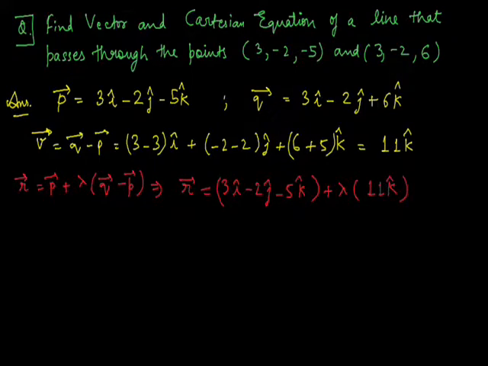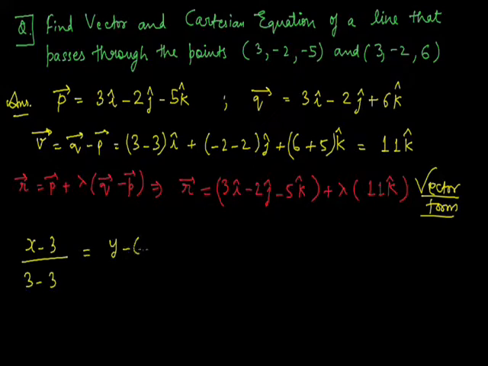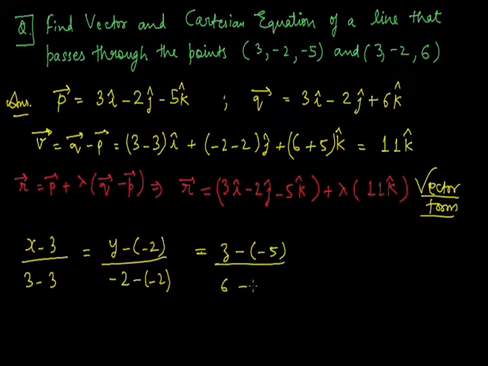This was the vector form. To write down the Cartesian form, let's write down the points. We had the points like this. So the equation will be x minus x1 upon x2 minus x1 equals y minus y1 upon y2 minus y1 equals z minus z1 upon z2 minus z1.